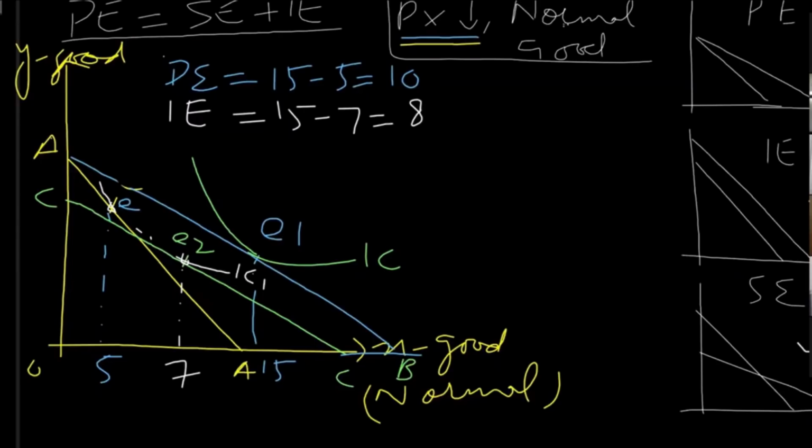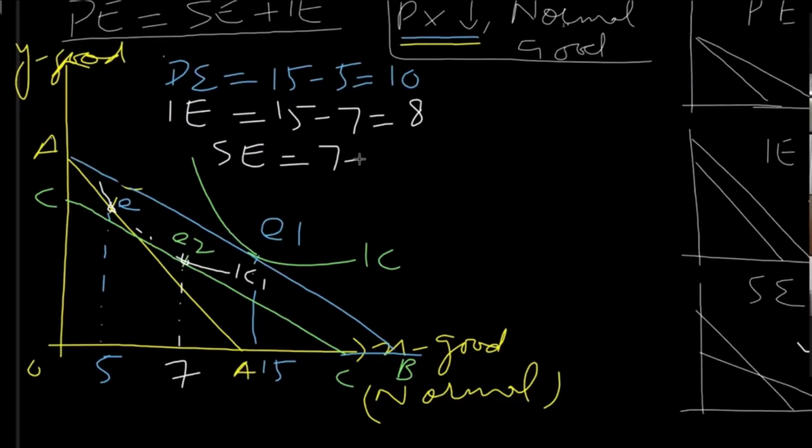For substitution effect, we know that lines cross each other, and the two lines which are crossing each other in this graph are AA and CC. Equilibrium at budget line AA is at point E, where quantity is 5, and on budget line CC, equilibrium is at E2, where quantity is 7.